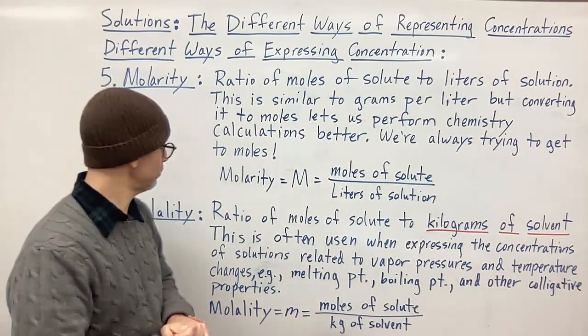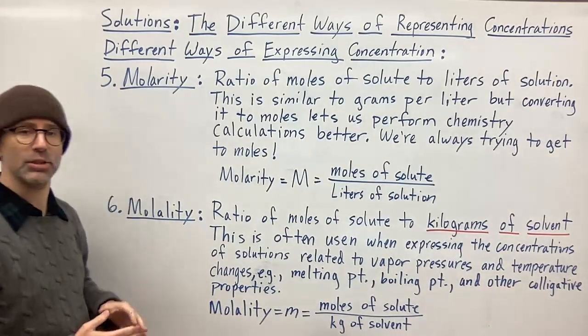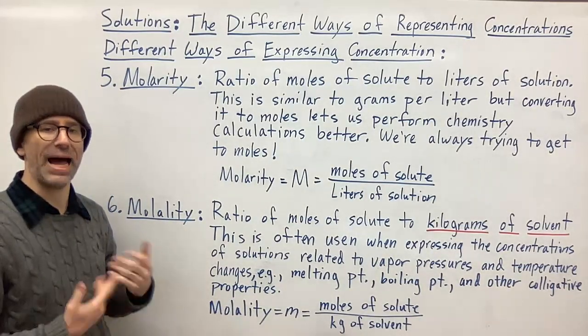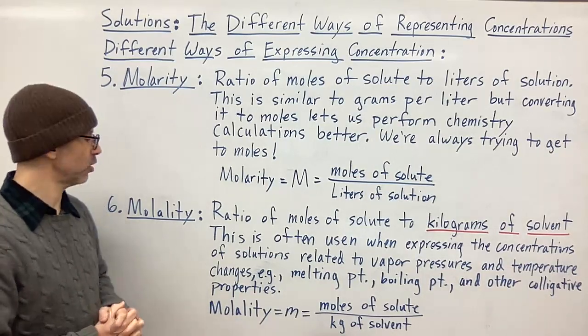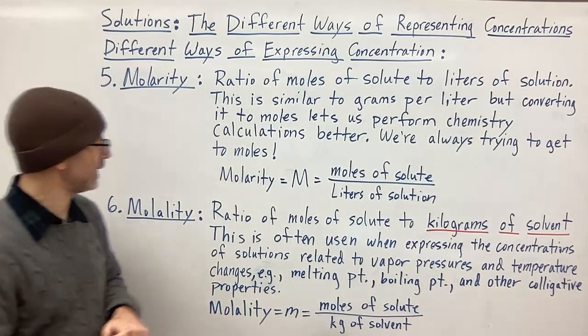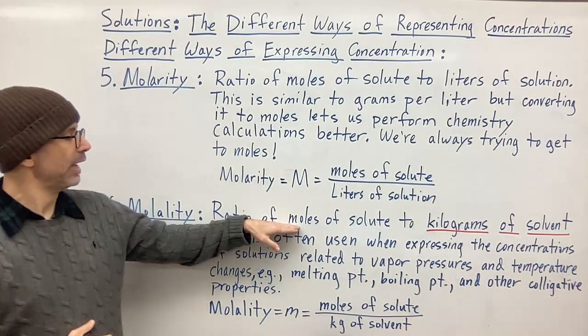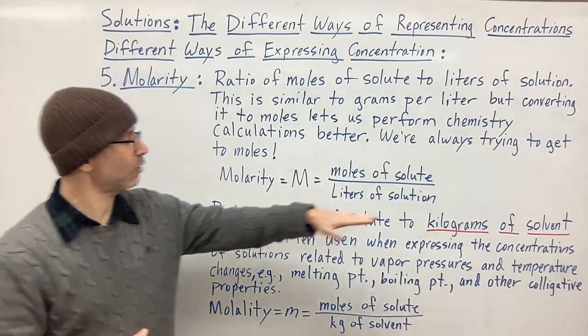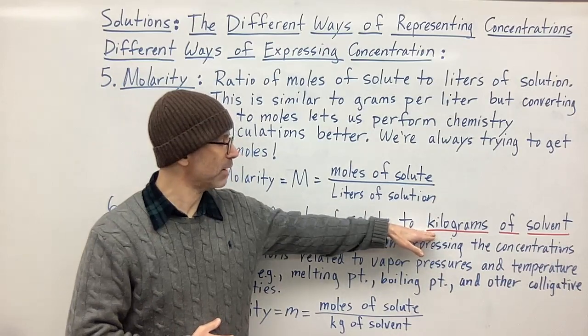And then lastly, we have molality, which looks and sounds similar to molarity, but it's molality. It's often referred to as the molal concentration. Here we're taking the ratio of moles of the solute in relation to kilograms of solvent.